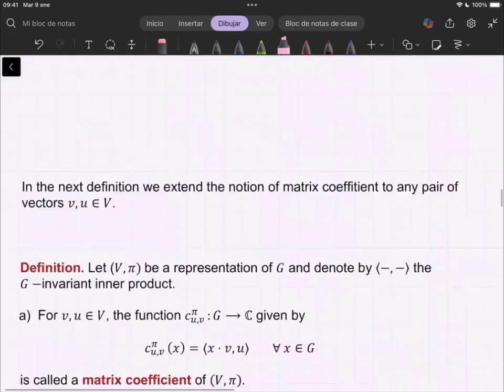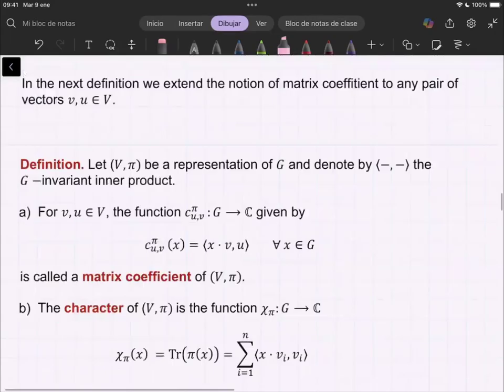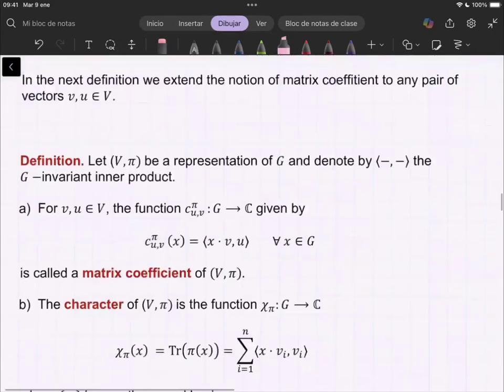Okay, are there any questions so far? Okay, if not, I continue.